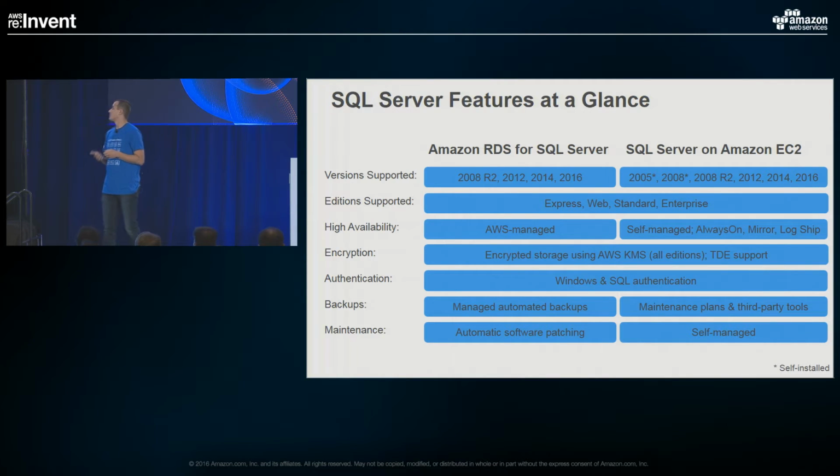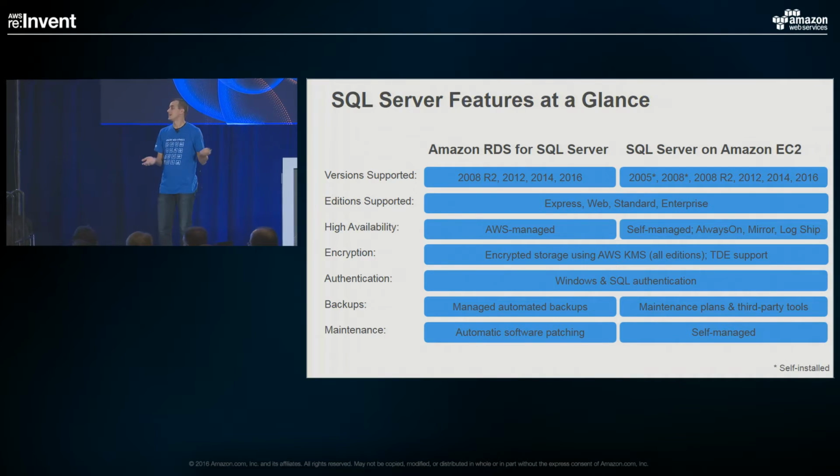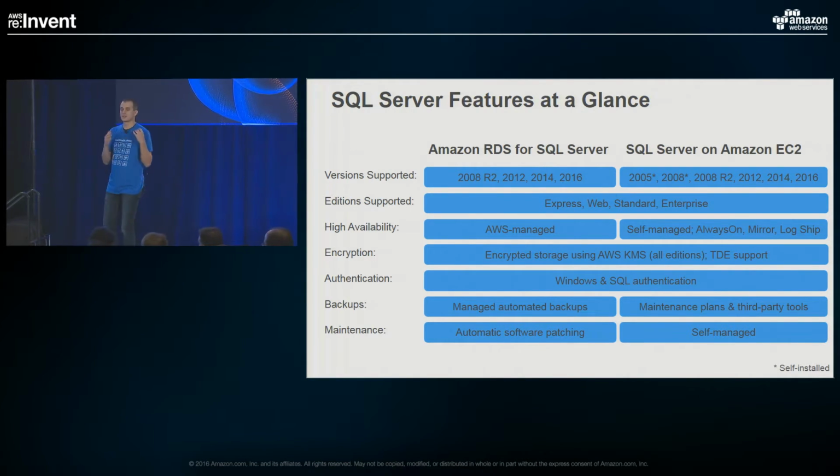Same goes for the editions. One of the key differentiators is high availability, and we'll talk later a little bit in more depth about the options there. But generally, we take care of that on RDS, whereas on EC2, you would have to implement that yourself, either using Always On, failover clustering, mirroring, log shipping, or whatever combination of features.